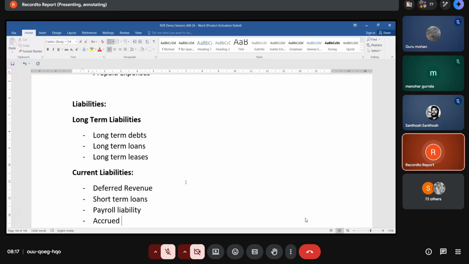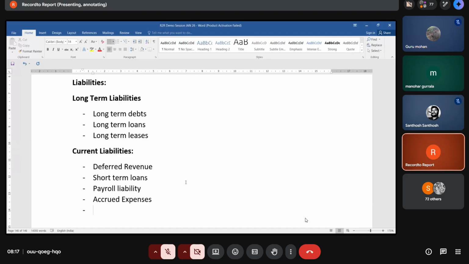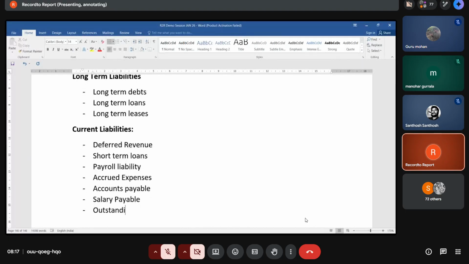Accrued expenses. What else, guys? Salaries also. Accounts payable, salary payable, outstanding salaries. All are examples of current liabilities, guys.